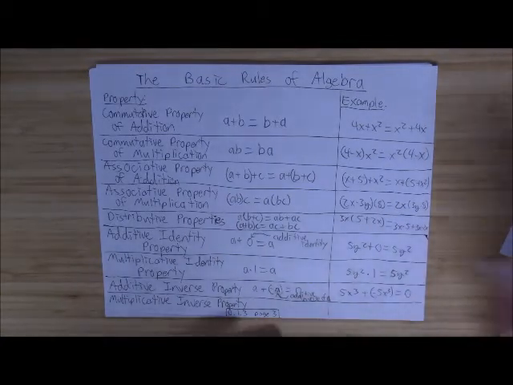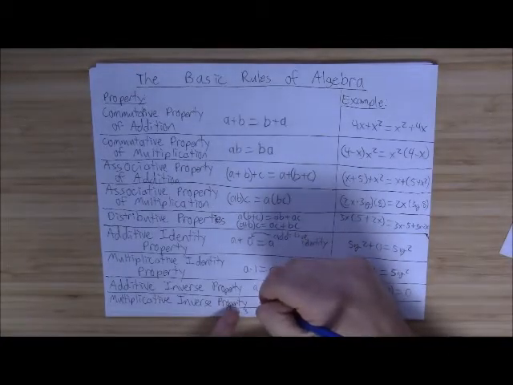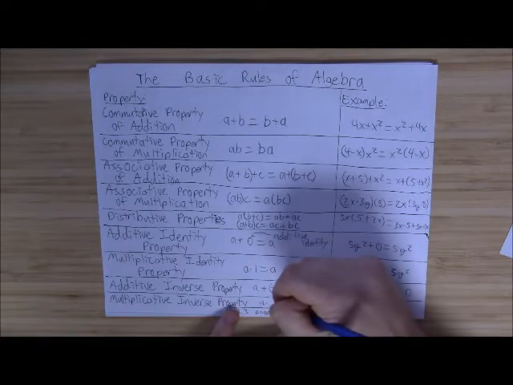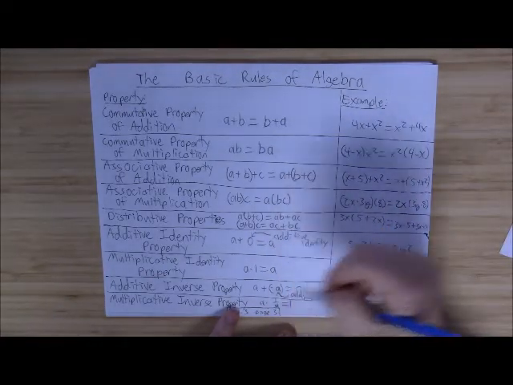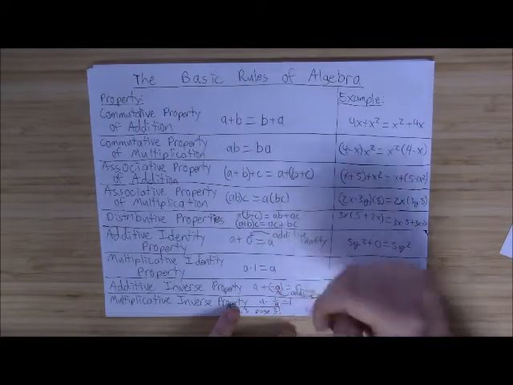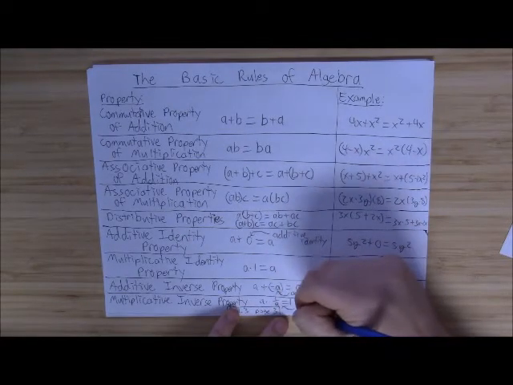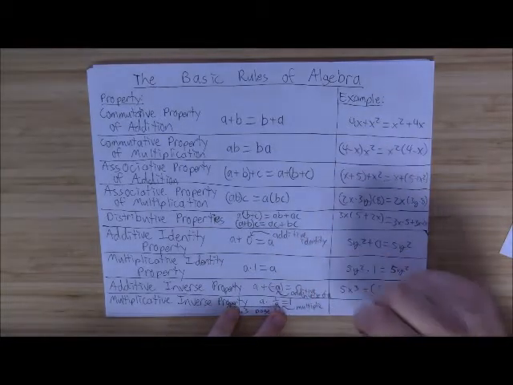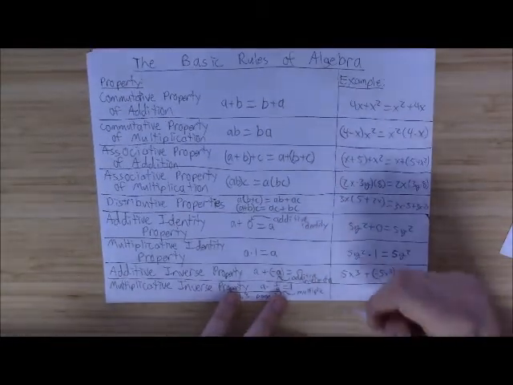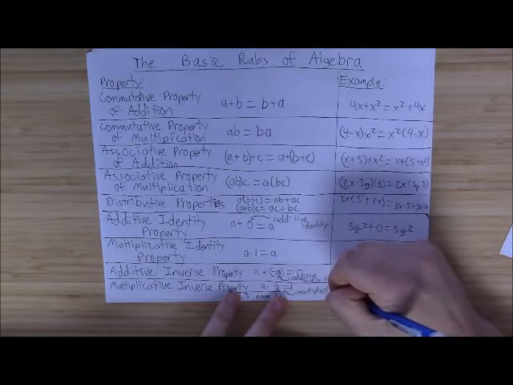Multiplicative inverse property says that if we take a number a and we multiply by its reciprocal, 1 over a, then that always gets us back to 1. Namely, this 1 is the multiplicative identity.